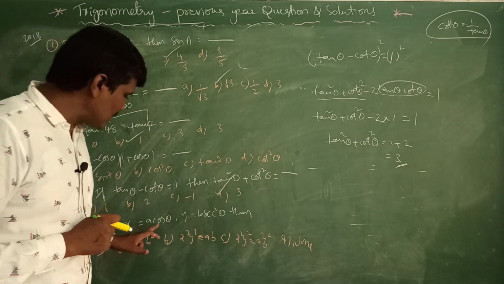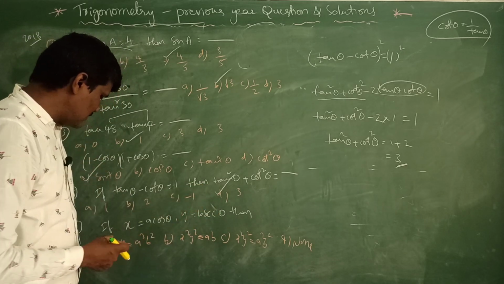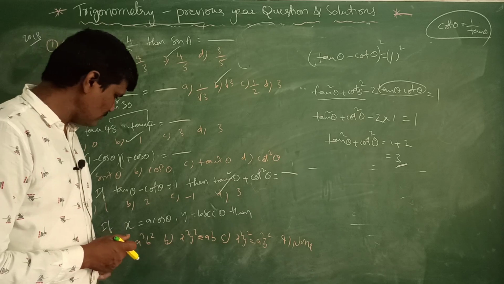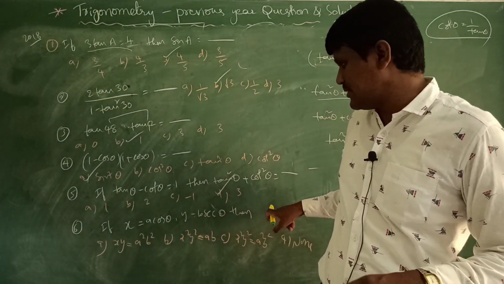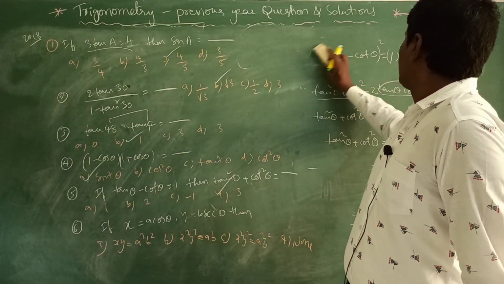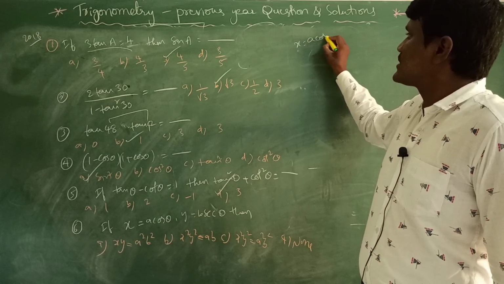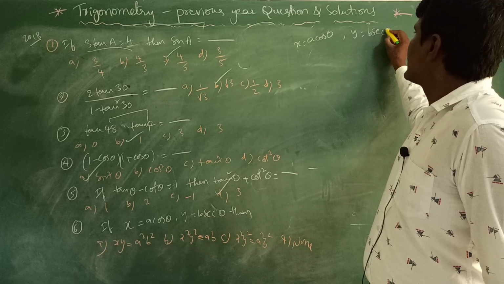If x is equal to a cos theta and y is equal to b sec theta, then which one is correct? This can be done like this. Just observe here: x is equal to a cos theta and y is equal to b sec theta.